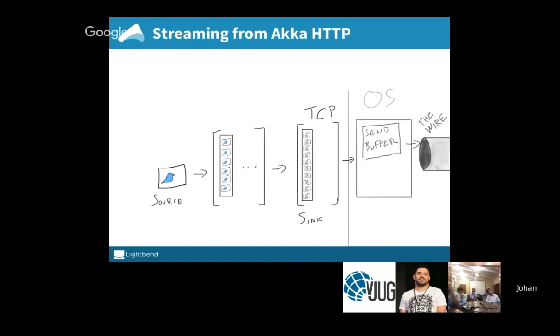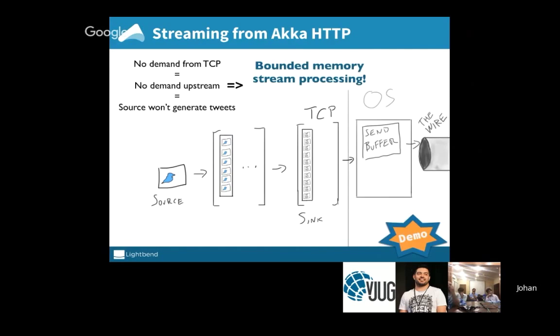If the receiving side is busy and doesn't ask for more, then the inherent built-in flow control in TCP will back pressure so that the OS buffer fills up, which will back pressure into the streams TCP, so that it actually back pressures all the way to our source. This is really nice. It allows for bounded memory stream processing across HTTP and network. This is what I'm going to try to show you now.